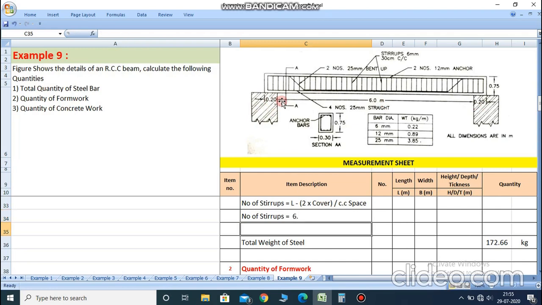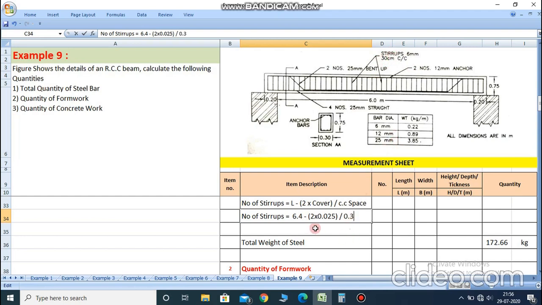So here 6.4 minus 2 times cover. 2 times the cover thickness of 2.5 centimeters is 0.05, divided by the center to center space. The center to center space given in the figure is 30 centimeters, converted into meters, so we write 0.3 meter.